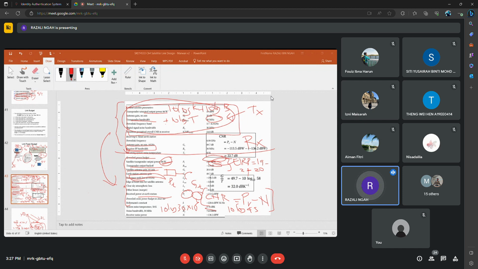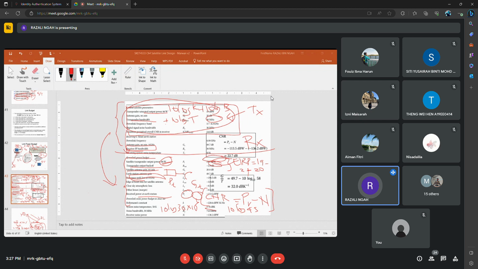Because in the parameters for the earth station, it mentions 45. It's not mentioned as 58, but when they come to the calculation in the table, it becomes 58.